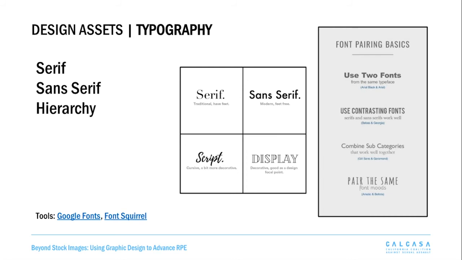So just be mindful when you are creating content that you're not choosing 5 different fonts, because that's a lot of visual information for an audience person to consume. And we don't want to distract them from the content that we're giving them.